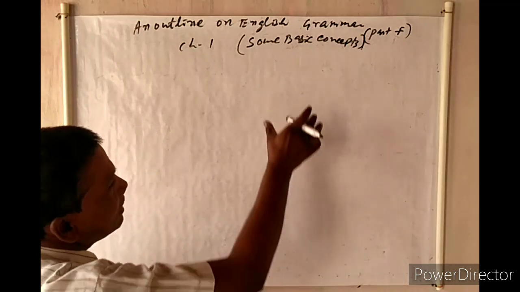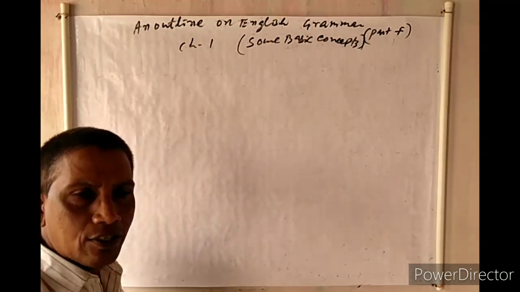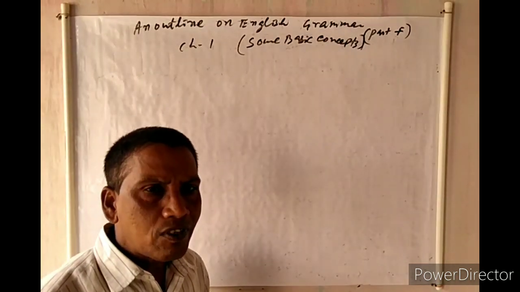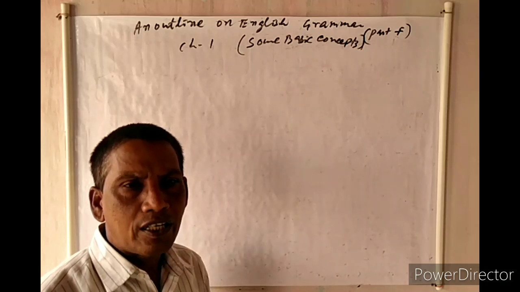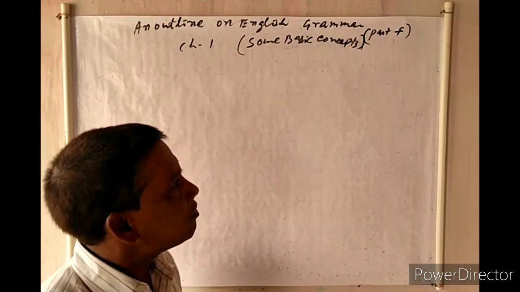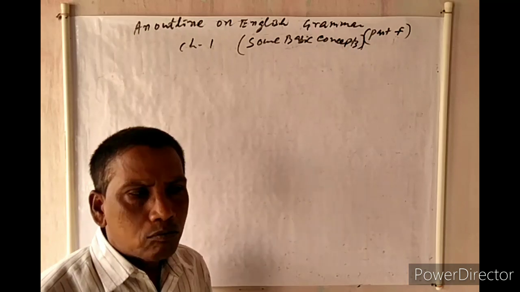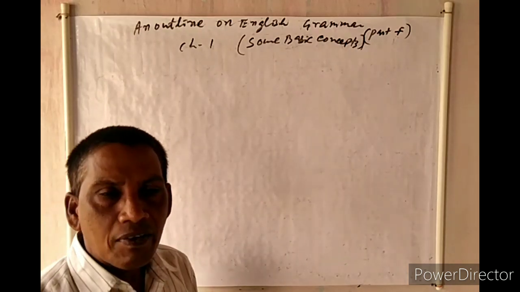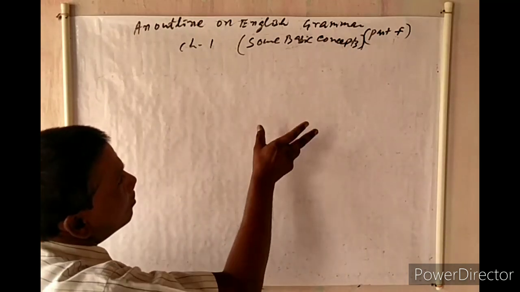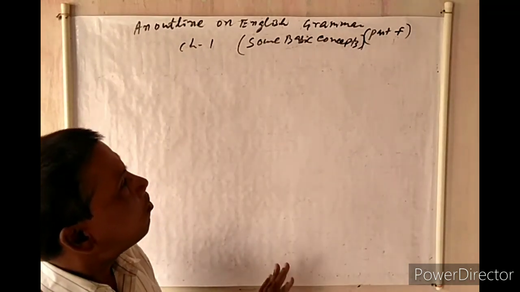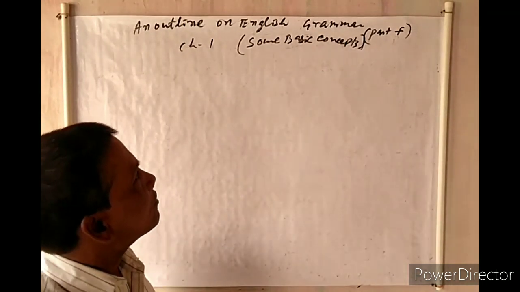So basic concepts means the minimum, most indispensable things you have to study while studying grammar. To put things very systematically, we named this chapter like this.